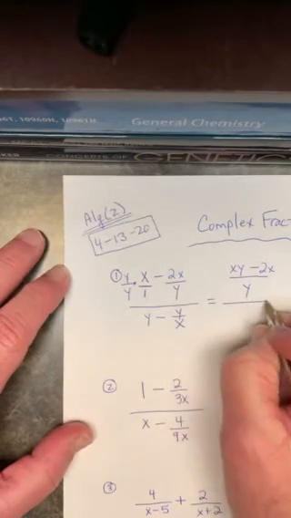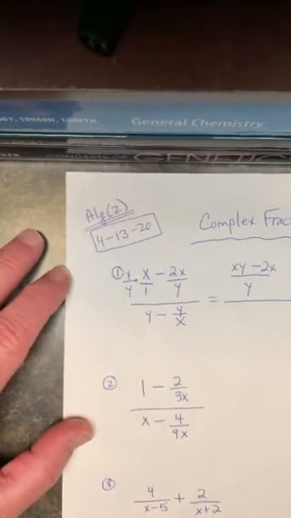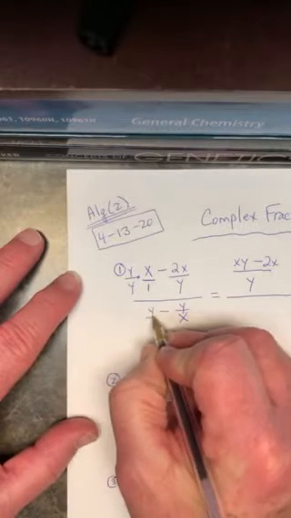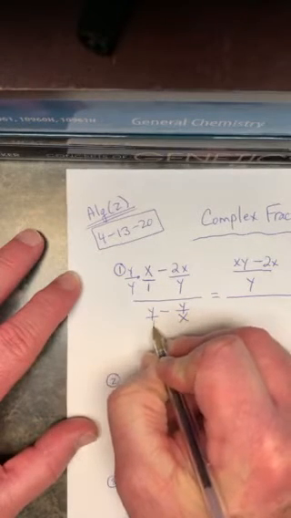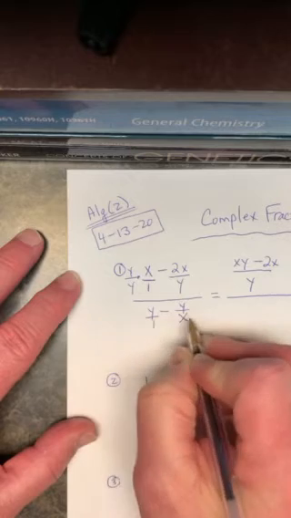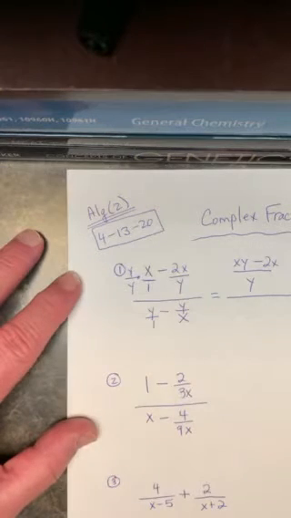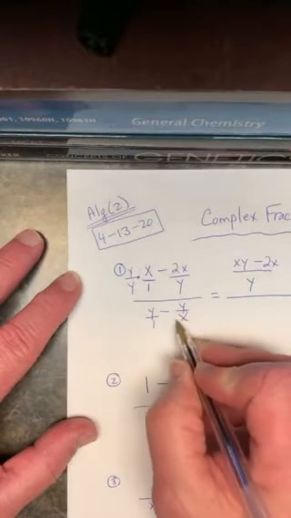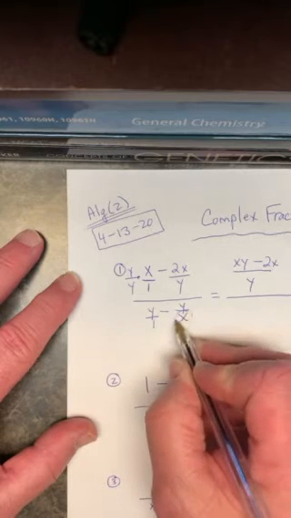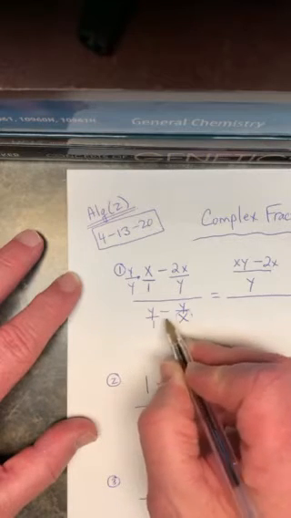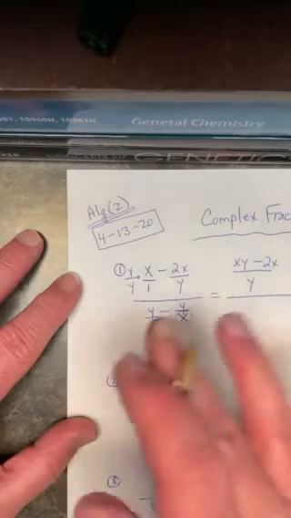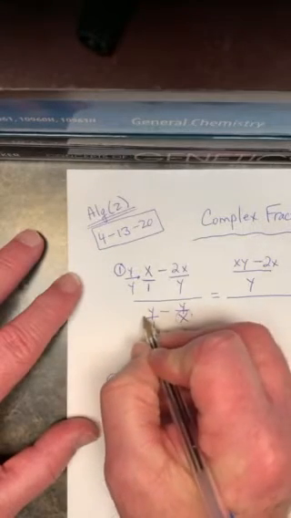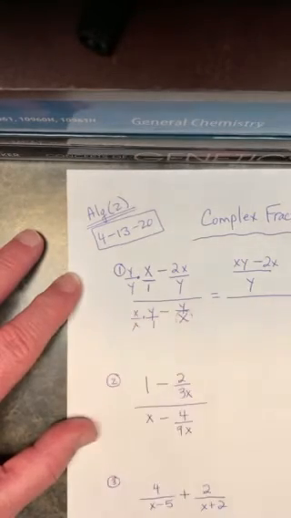Now we're going to go underneath our fraction bar. And when you look there, this guy's also understood to be over 1. And once again, we need to get a common denominator, don't we? So if this denominator here is an x, we need this denominator here to end up being an x. So don't make this complicated. We're going to multiply that by x over x.